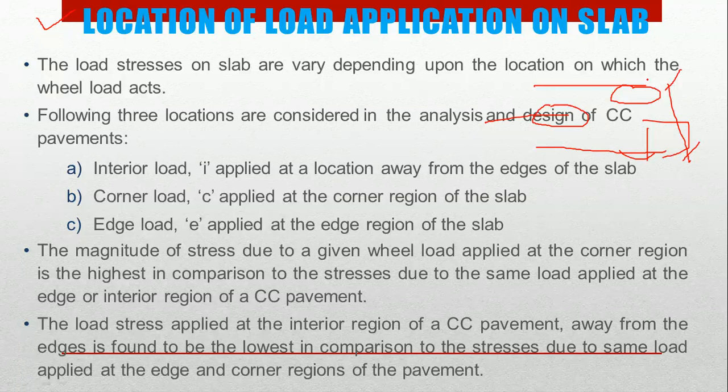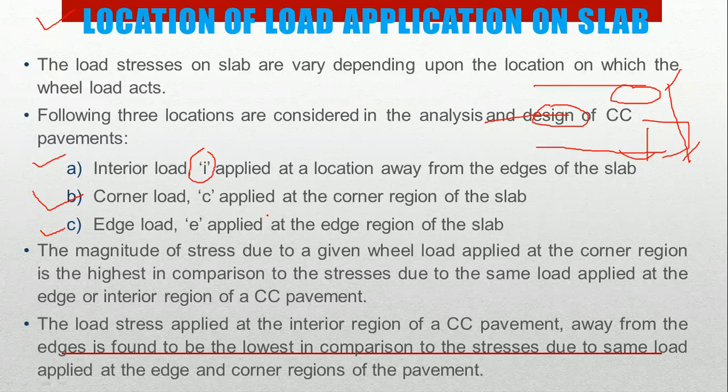So for the analysis and design of pavement, we need to consider where the load is acting, whether the vehicles are moving in the interior of the road. The stresses at the interior are represented by I. Whether it is acting at the interior, at the corners, or at the edges.